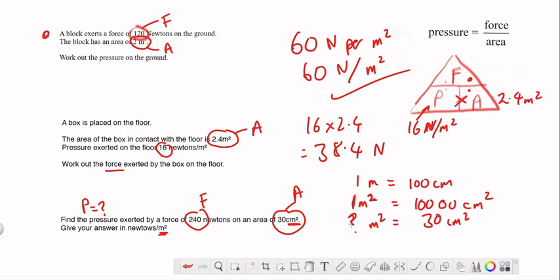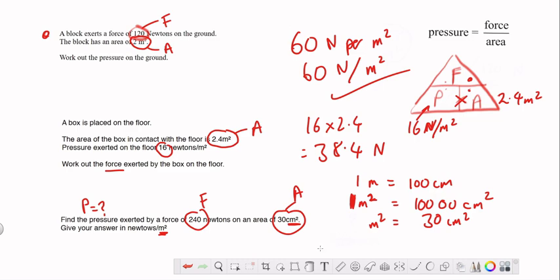If I end up doing something silly like this, 10,000 times 30, which is wrong by the way, I'll get 300,000. Doesn't that feel wrong? Didn't I just say the left hand side has to be smaller? Here it's just a 1, and here you've got 10,000. So instead of timesing, I've realized my mistake, what I should have done is divide.